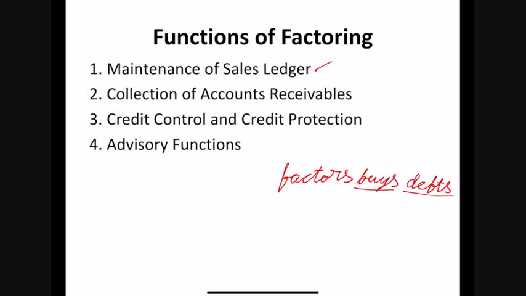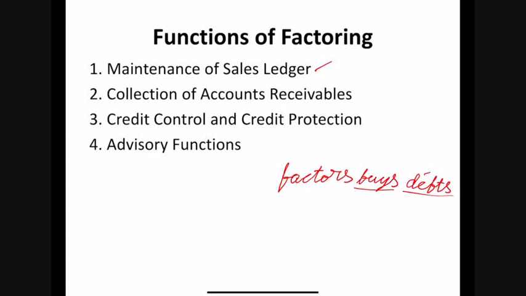He will buy, so the factor becomes the owner of my debts. I am no longer concerned with my debts. I need not scratch my head. The factor will take all the responsibility to collect debts from my customers. So he undertakes to collect the debts from my customers.